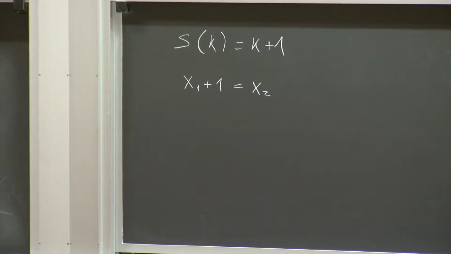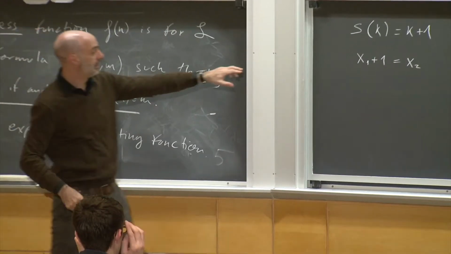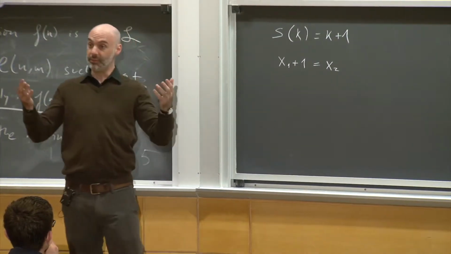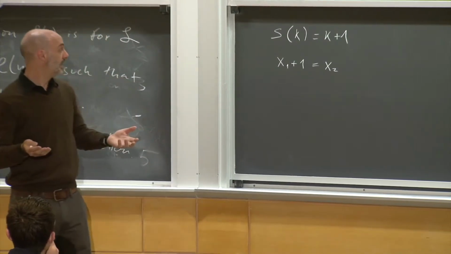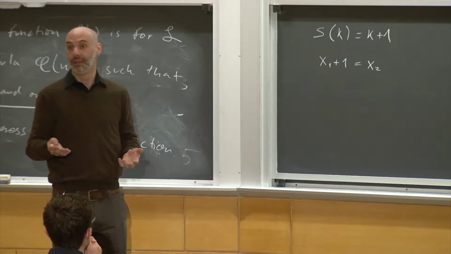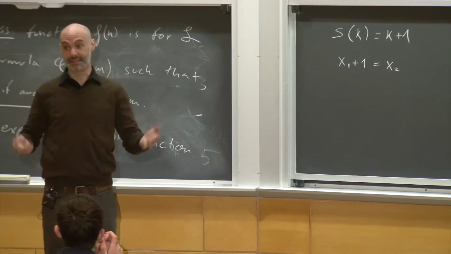Whenever you plug in n and m into these positions, the result is going to be true just in case m is n plus 1. So the condition is satisfied, so L can express the successor function.